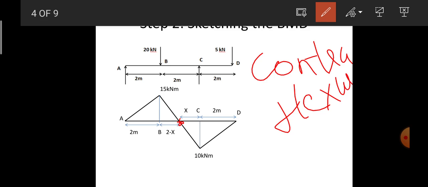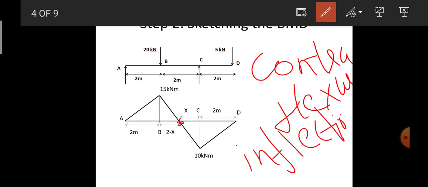It is a point where bending moment is equal to 0, or the point where the bending moment changes from positive to negative or vice versa. It is also called the point of inflection.